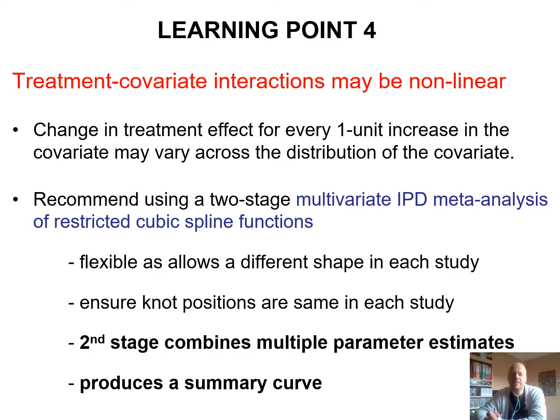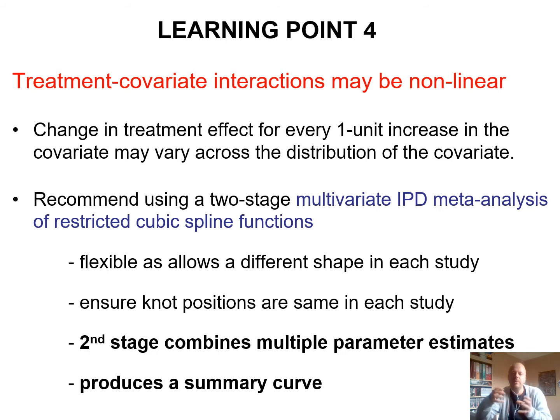And in the second stage, we take the multiple parameters of that function and combine them in a multivariate meta-analysis, which accounts for the correlation amongst those multiple parameters. The key thing is to, through visual inspection, choose knot positions that are sensible and the same in every study. If they're not the same in every single study, this approach doesn't work. You have to fix the knot positions to be the same in every single study.